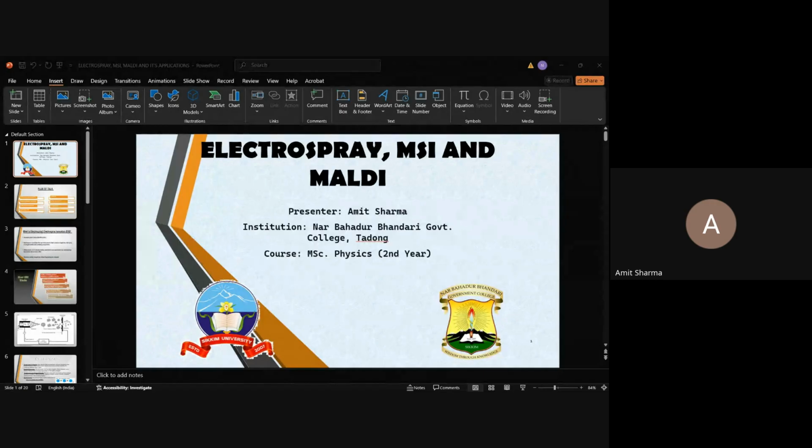Then we will be moving on to mass spectroscopy, that is MS, and the working of mass spectroscopy, and we will be comparing ESI with MALDI. Last, we have the applications.